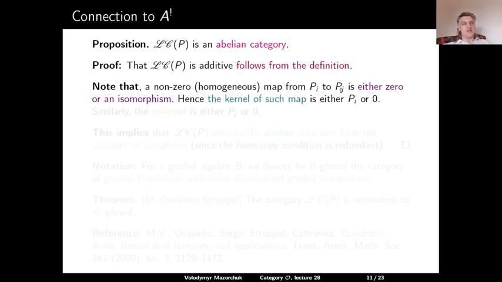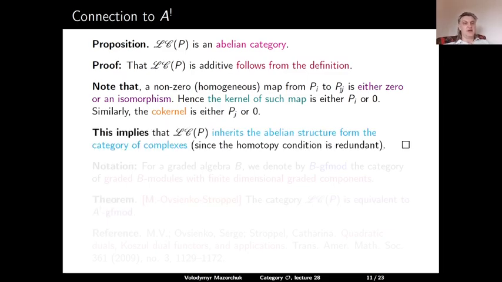Hence, the kernel of such a map is either 0 or Pi, and the cokernel is either 0 or Pj. From this observation, it follows that the category of linear complexes of projective modules inherits the abelian structure from the category of all complexes. Please note that we can consider it also in the category of all complexes because the homotopy condition is redundant in the definition.